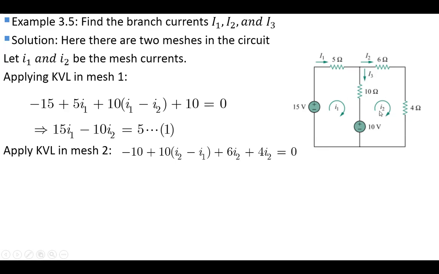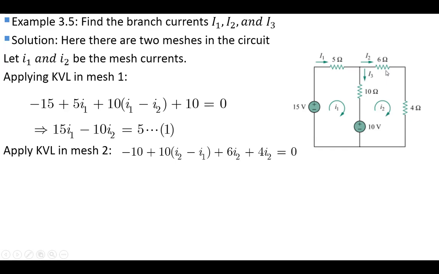So relative to mesh number 2, the current in the 10 ohm resistance is I2 minus I1. Relative to mesh number 1, the current would be I1 minus I2. The voltage across the 10 ohm resistance is resistance multiplied by current, V is equal to IR according to Ohm's law. So resistance is 10, current is I2 minus I1, so this is 10(I2 minus I1).